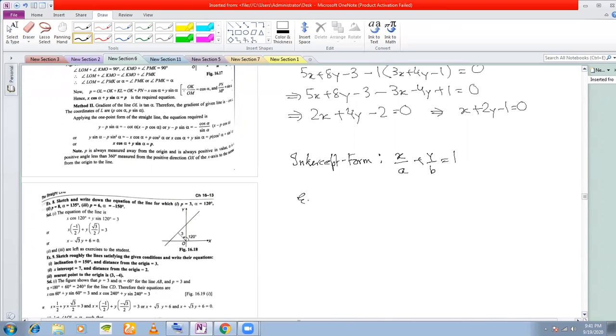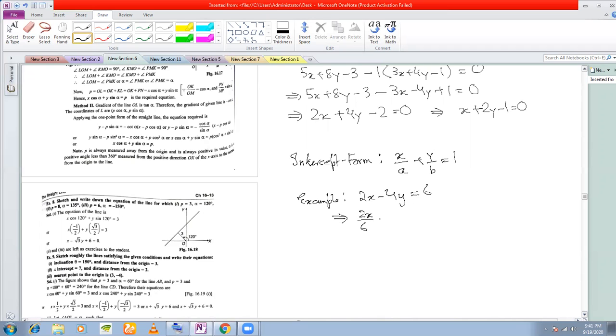For example, if I give you a straight line like this, 2x minus 4y is equal to 6. How do you write this in intercept form? If you remember, in inequalities, we were writing the equation actually in intercept form. We want to make the right hand side 1, so we divide both sides by 6.